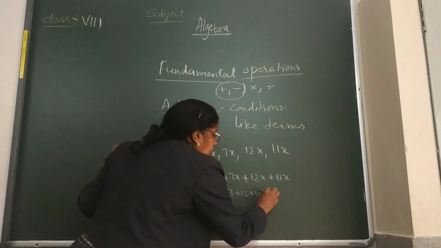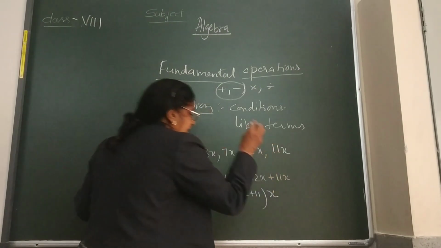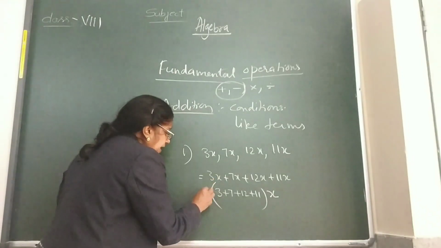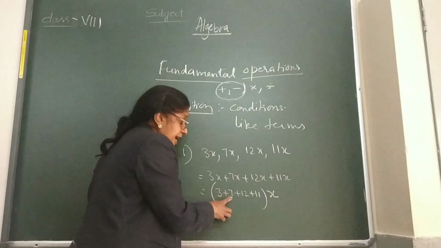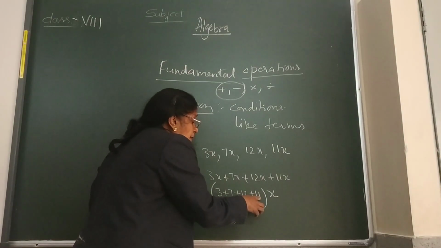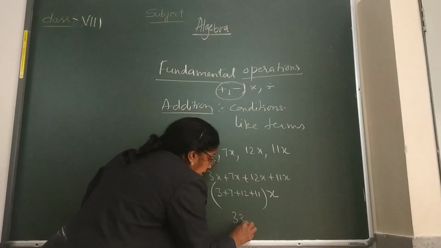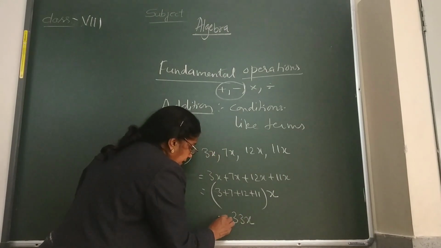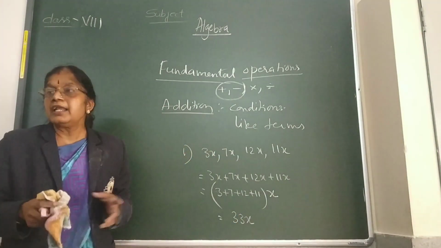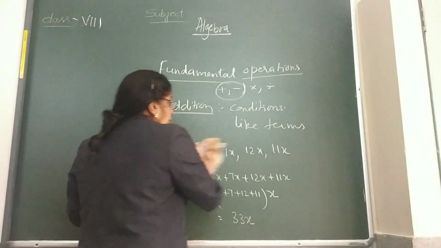All the terms have x as the common variable, so I took it out. Now 3 plus 7 is 10, 10 plus 12 is 22, 22 plus 11 is 33. So I got 33x. So addition is only possible when you take like terms. So we came to know how to do it.